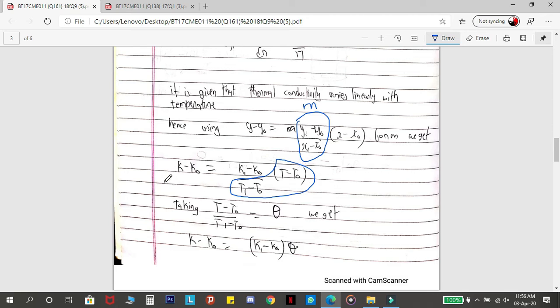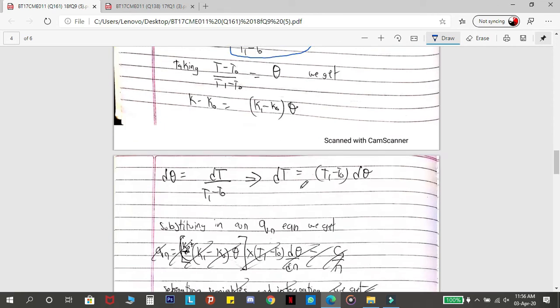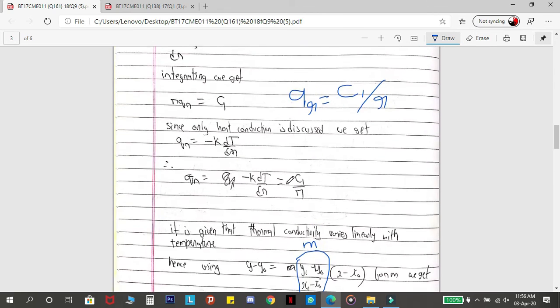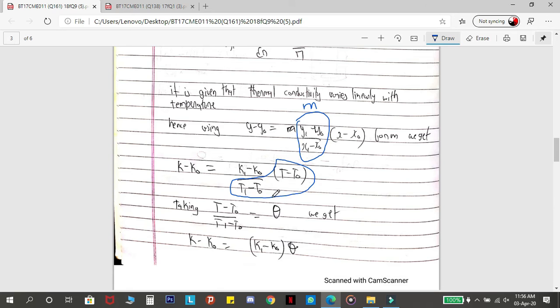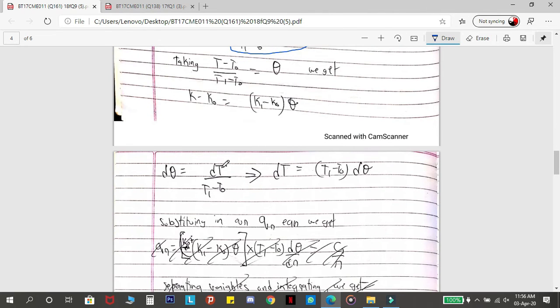This equation can be rewritten as k minus k naught equal to (k1 minus k naught) into theta. But our equation over here is in the form of dT, so we need to find d theta in terms of dT. Differentiating both sides, you get d theta equal to dT by (t1 minus t naught). So dT can be written, by cross multiplication, as (t1 minus t naught) into d theta.